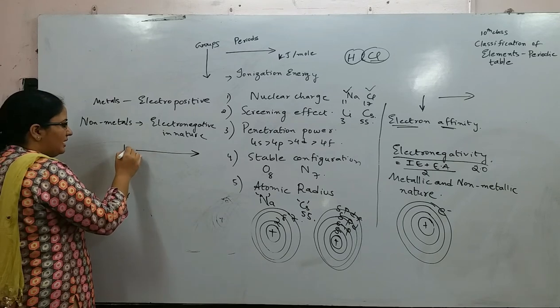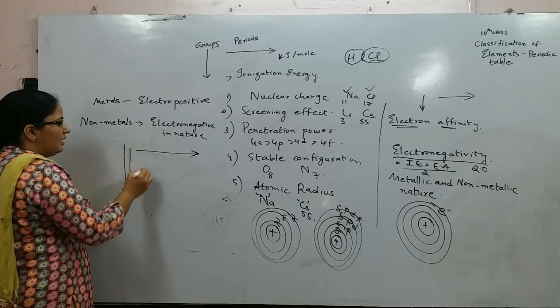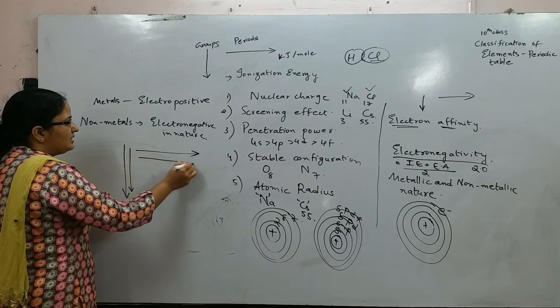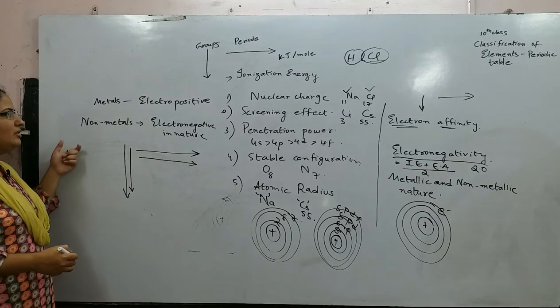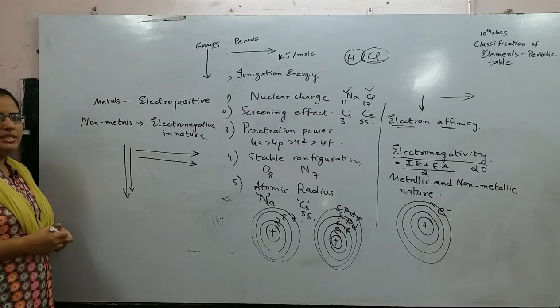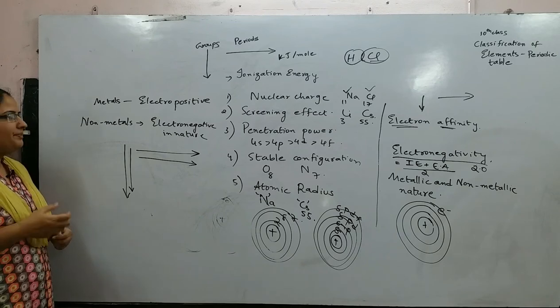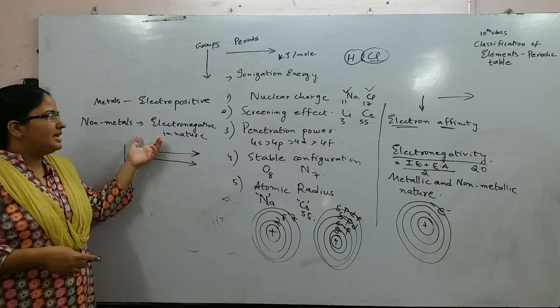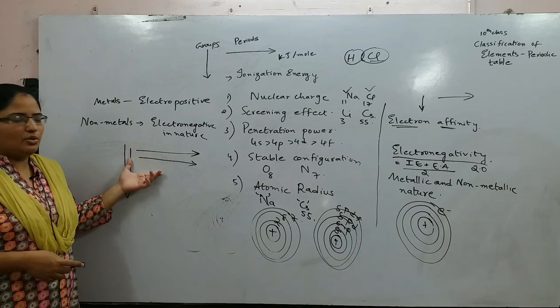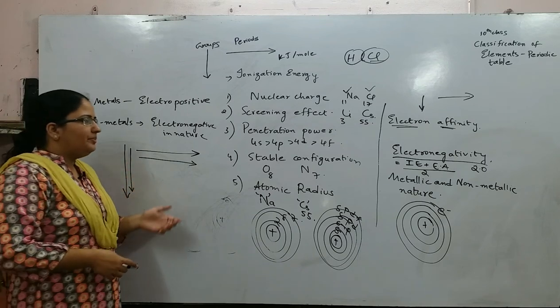Electronegativity decreases down the group, whereas it increases across the period. That is about electropositivity and electronegativity. Electropositivity means tendency to lose the electrons. Electronegativity is tendency to attract the electrons. So this tendency varies between periods and groups, as I have told you.